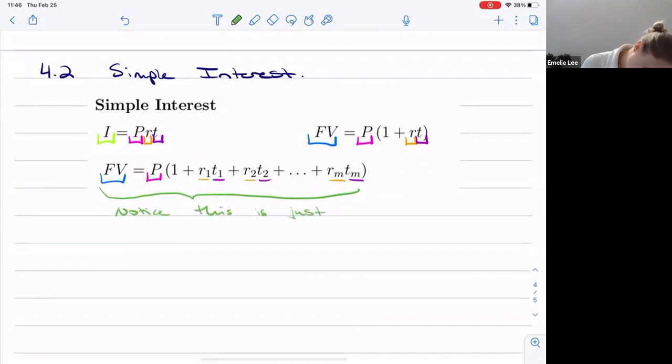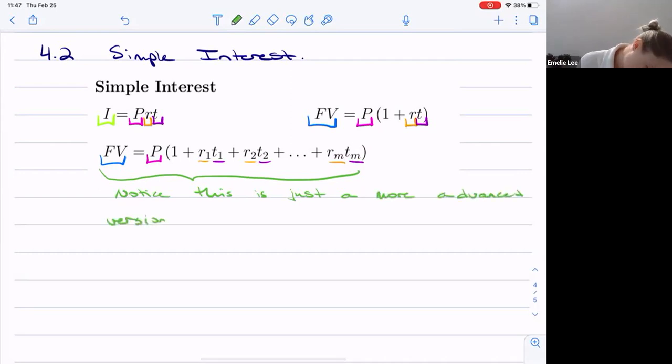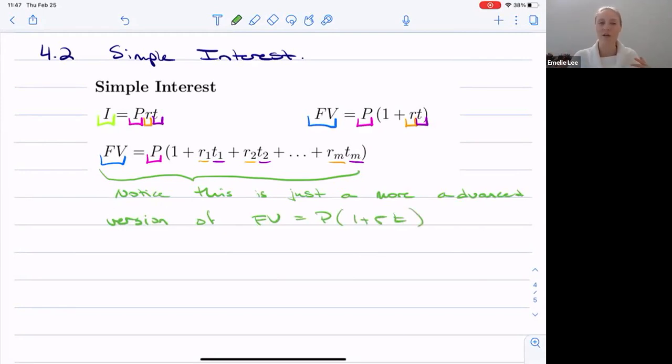This is just a different, more advanced version of this formula here, a more advanced version of the future value, P times 1 plus R times T. Again, I know we haven't established what any of these things are, but I want to pick apart the formula sheet so that you can see there's actually not a lot of stuff going on here.